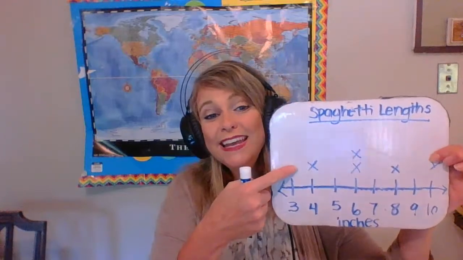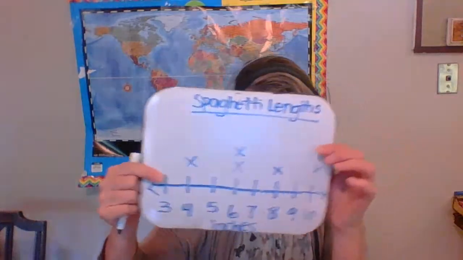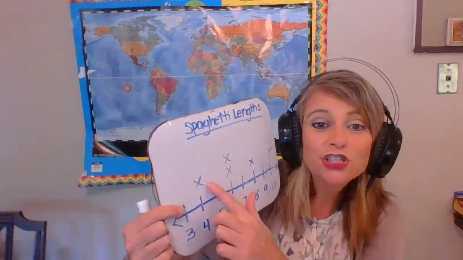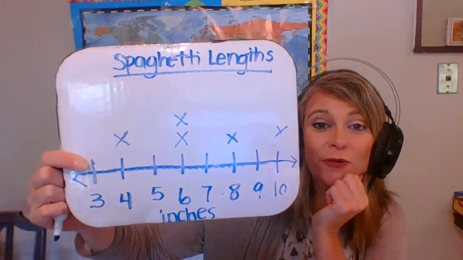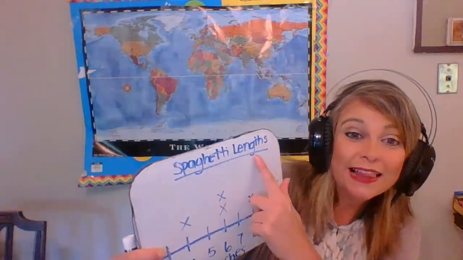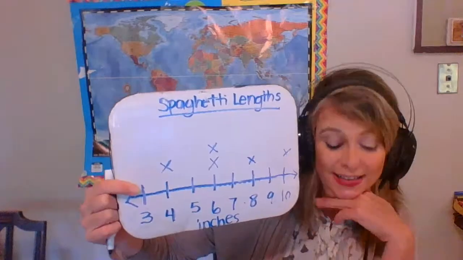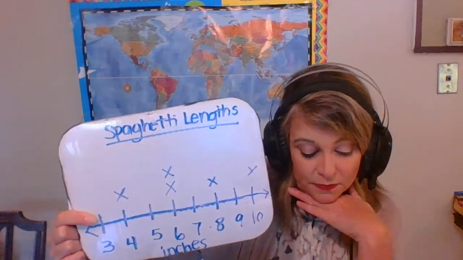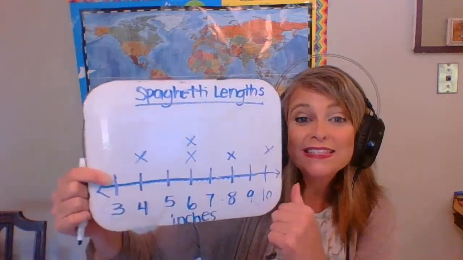Let's apply this skill as we learned today, okay? All right, so when we make a line plot, what does each X mean? What did each X mean here? Each of them was a length of spaghetti, right? Okay. All right. How many X's are on this line plot?